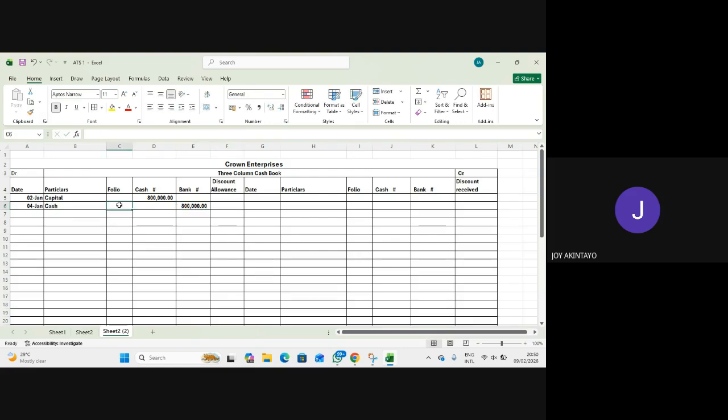Then you must never forget your contra. Always put your contra. Then come to the credit side. The bank is giving. The cash is given to the bank. Your narration, your particulars, will be for bank.